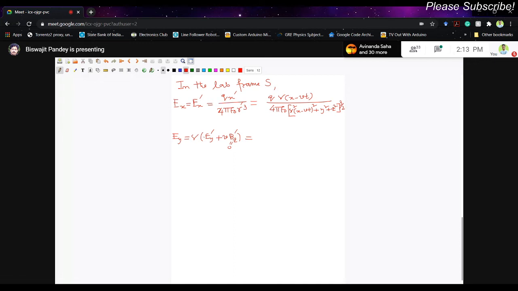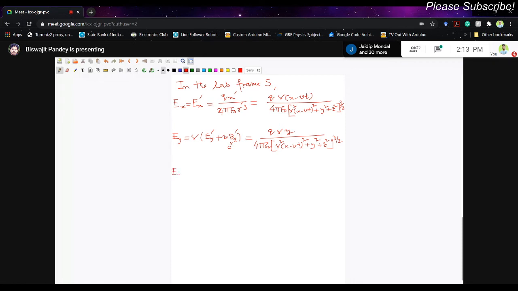So you will have Ey prime is q over, so I write q gamma y divided by 4 pi epsilon. This gamma is coming from here, right? This is not coming from y prime. And then we have gamma square, same in the denominator, (x minus vt) square plus y square plus z square whole to the power 3 half.